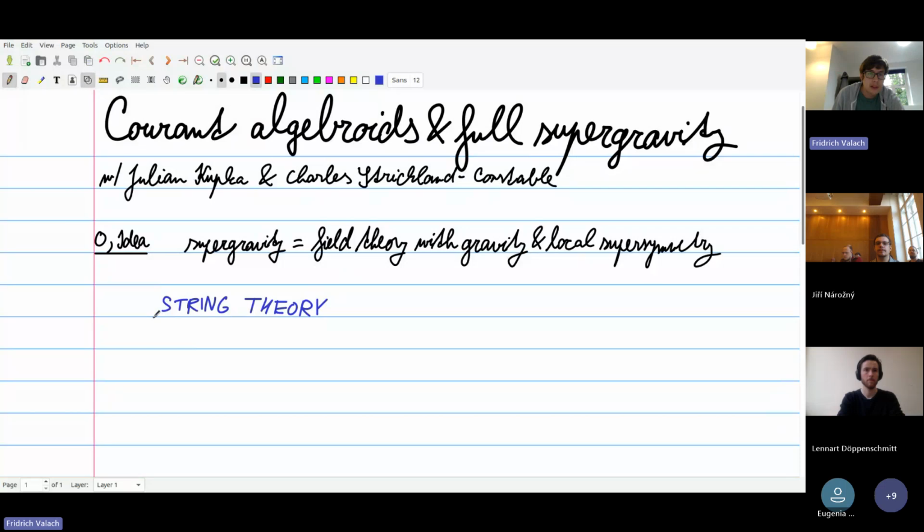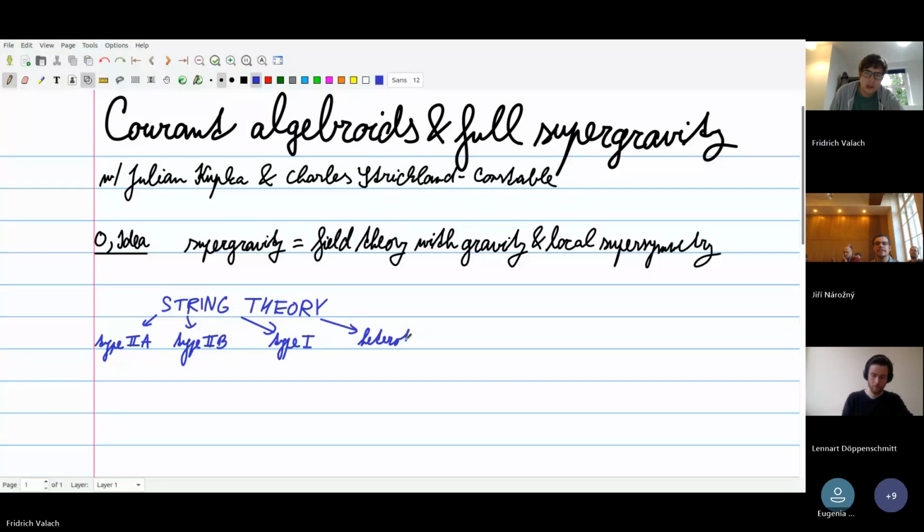There is type 2A, type 2B, type 1, and heterotic, which comes in two flavors. So people say that there are five superstring theories. And on top of that we also have M theory, which is some other stuff. You don't need to know what these things are.